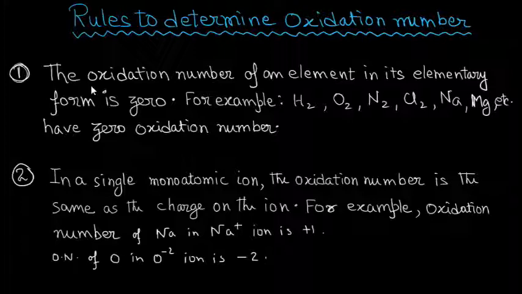The oxidation number of oxygen in the O2- ion is -2. So whatever is the charge will be the oxidation number. In this case, sodium has +1, so its oxidation number is +1. In the second case, oxygen's charge is -2, so its oxidation number is -2.